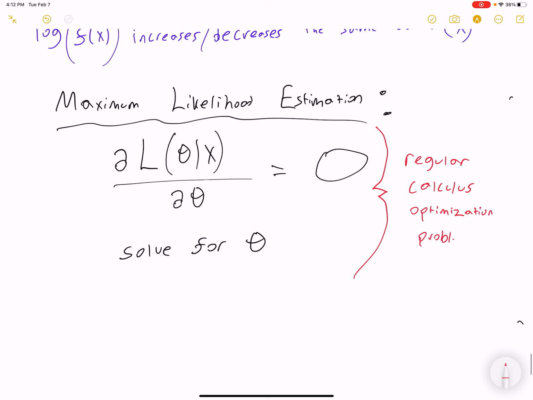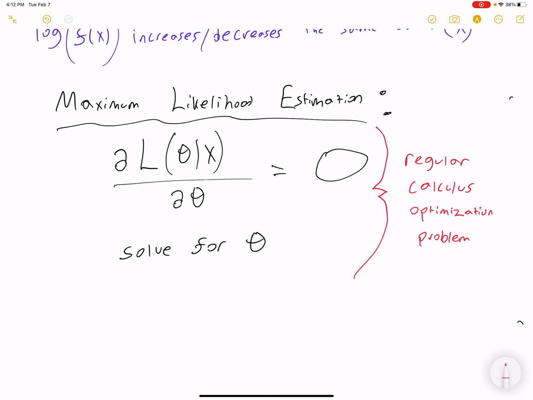Again, you set the derivative equal to 0, and that'll tell you where the slope of the tangent line doesn't change, and therefore it's a local minimum or maximum, and we find the high points of those, so the maximum. And so when we solve for theta, that will give us the values of theta, which maximize the likelihood that we get those parameters given the data, and therefore those values of theta are probably the best parameterizations of the model.